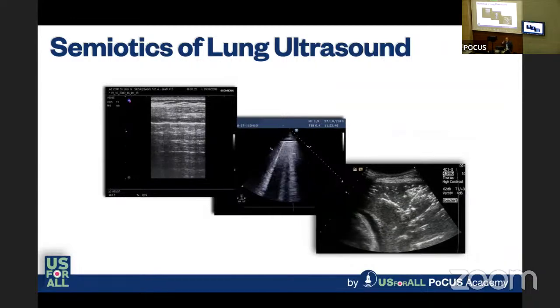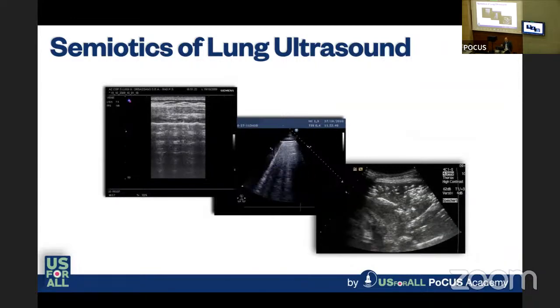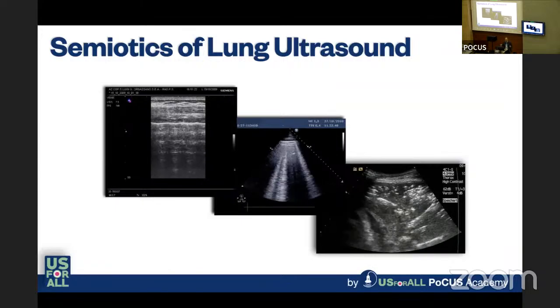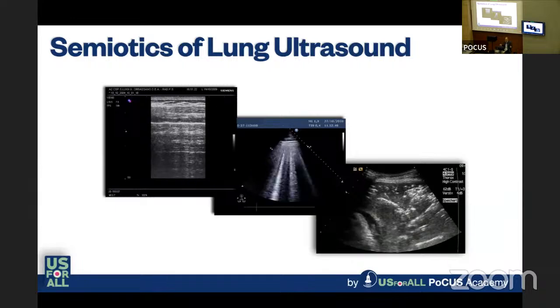So this is everything about lung ultrasound. Very basic, very simple. We have 3 patterns that we use. This is the language, the semiotics of lung ultrasound. As you can see, nothing comparable to the complexity of the cardiac ultrasound.